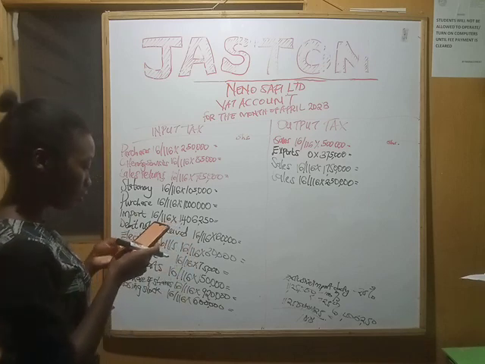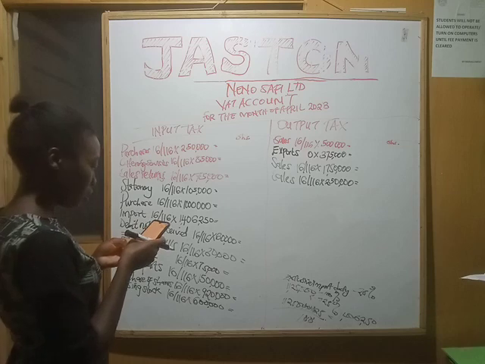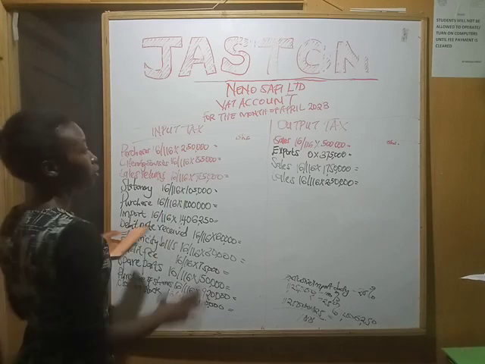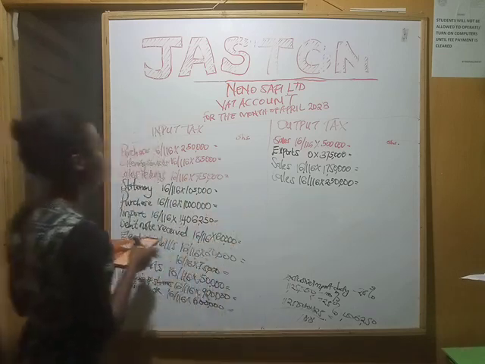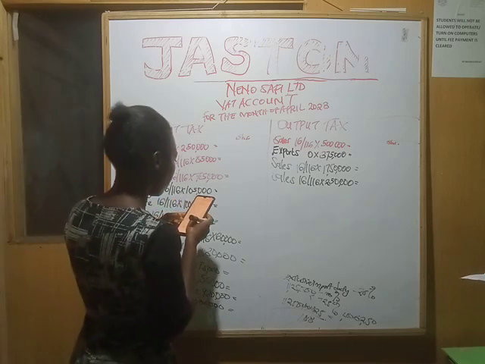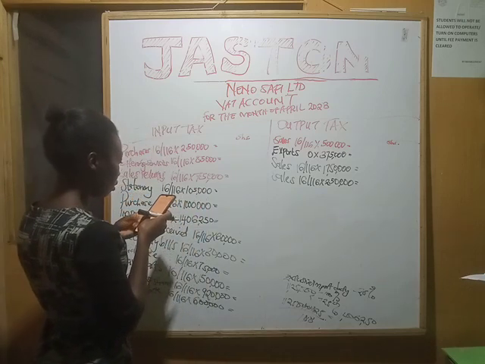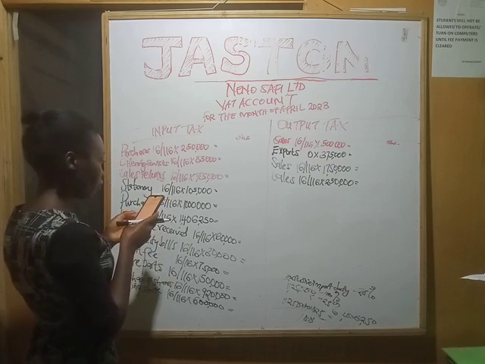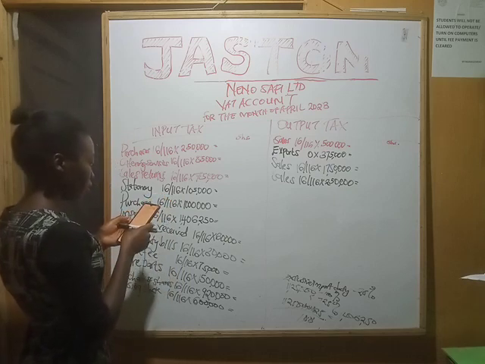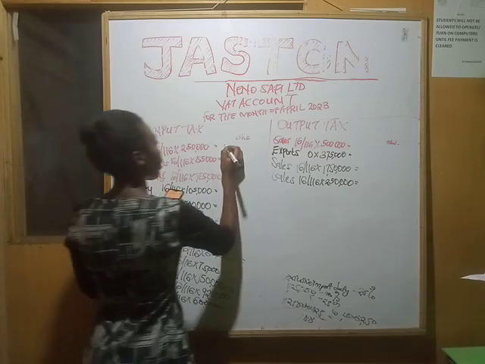We have 16 over 116 for the input tax. Let's do the input tax first. We have 16 over 116, we multiply by 250,000.